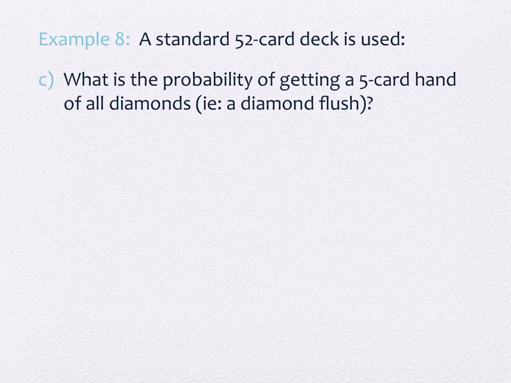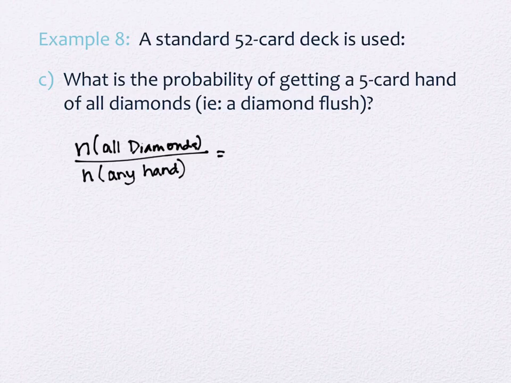So we're going to have the number of ways of having all diamonds divided by the number of ways of having any hand. Which means we're going to actually take that 1287 and divide it by that 2,598,960.